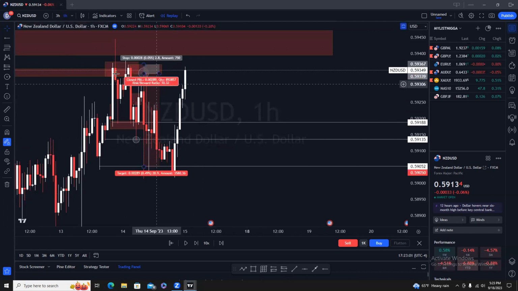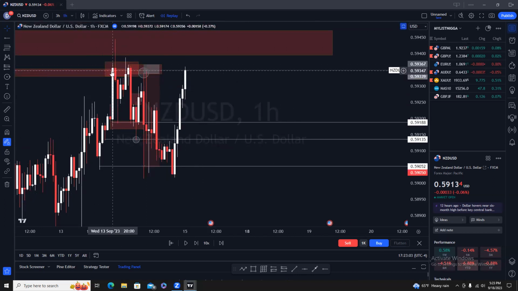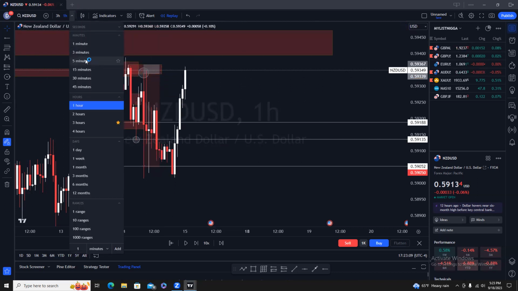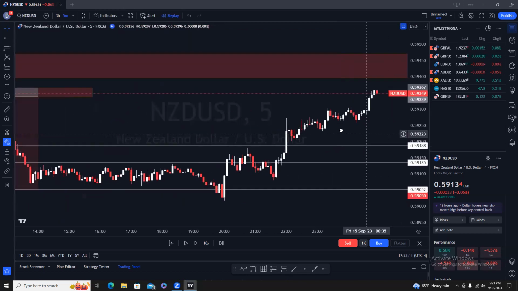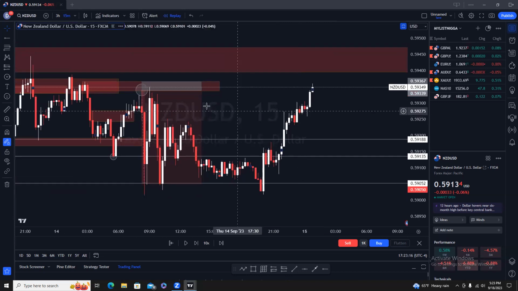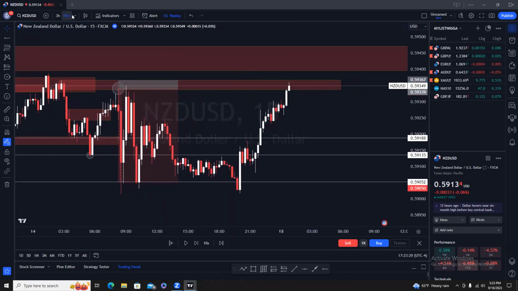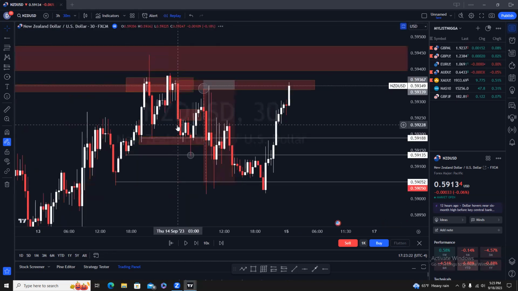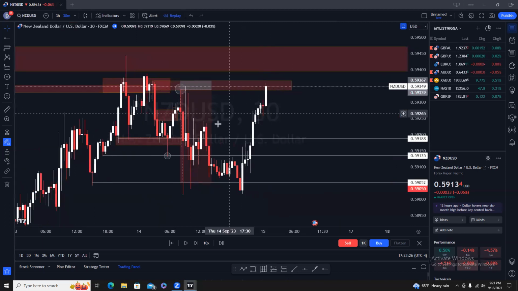So that's what we could do. Again, we came back to this hour area of resistance. We are at a resistance on the hour time frame, so what we could do is go back to the 5 or 15-minute or 30-minute and look for supply. All right, retesting the same supply. Let me see if we can find a fresh supply. Okay, or not. All right, no fresh supply.